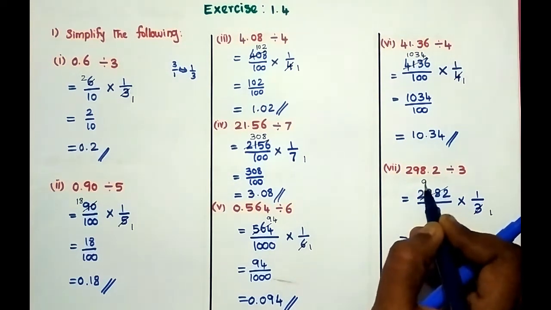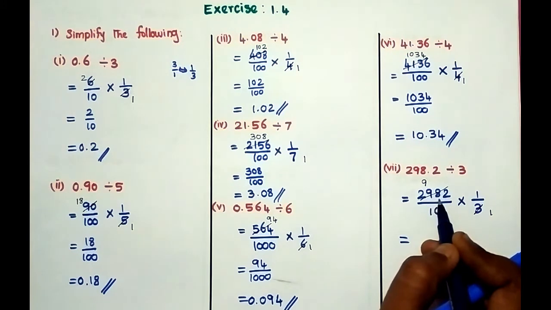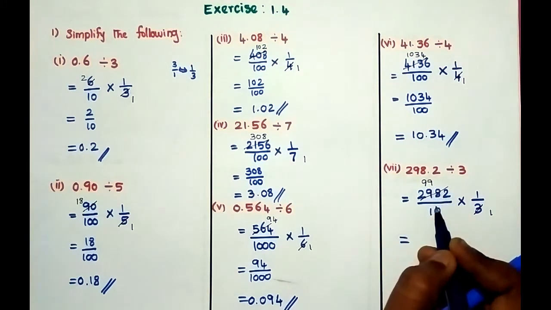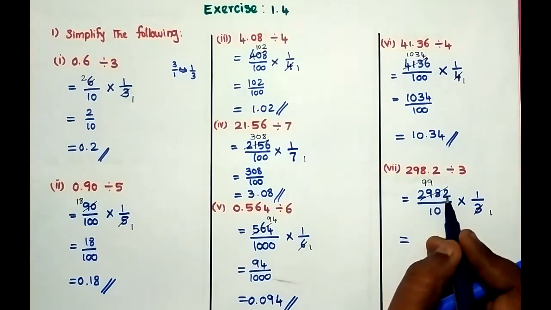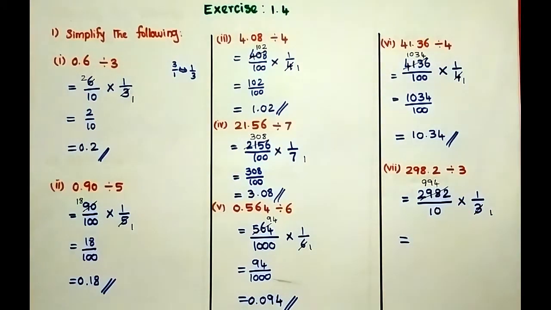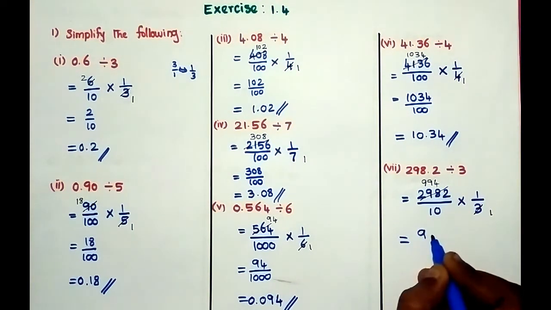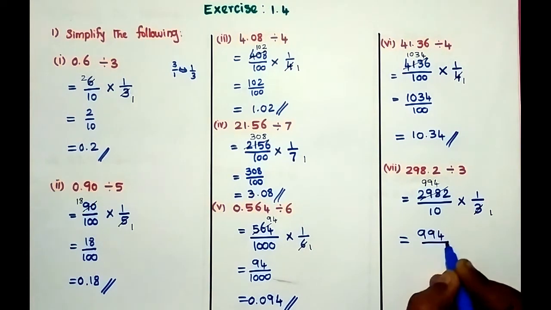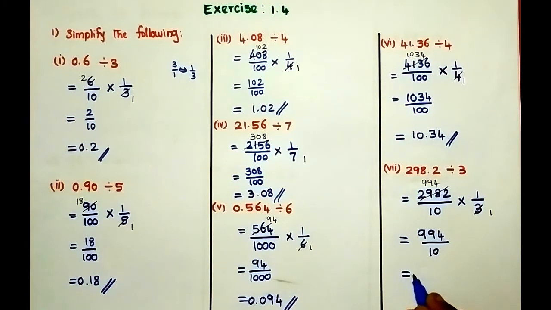Here 9 3s are 27. Balance 2. It becomes 28. Again 9 3s are 27. Balance 1. It becomes 12. So 4 times. 994 divided by 10. So before 1 digit we have to keep the point. So 99.4 is the answer.